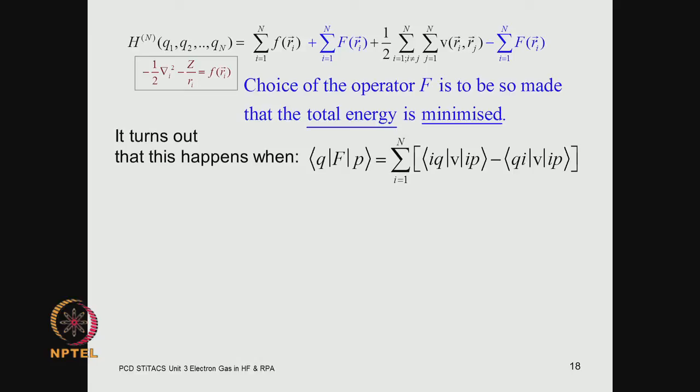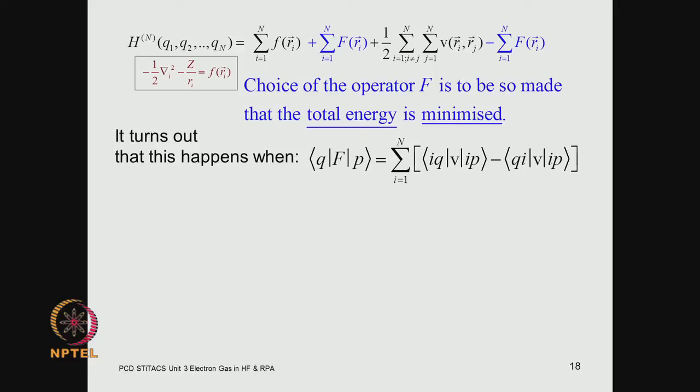It comes here: the operator F, which is to be chosen to minimize the total energy, is such that the matrix element of F in two determinantal wave functions Q and P, differing in only one electron state, is given by the right hand side of this equation.